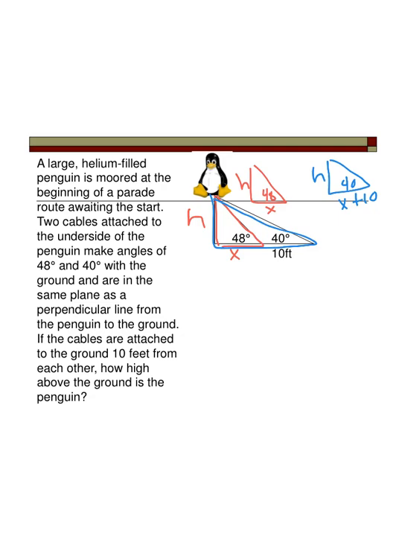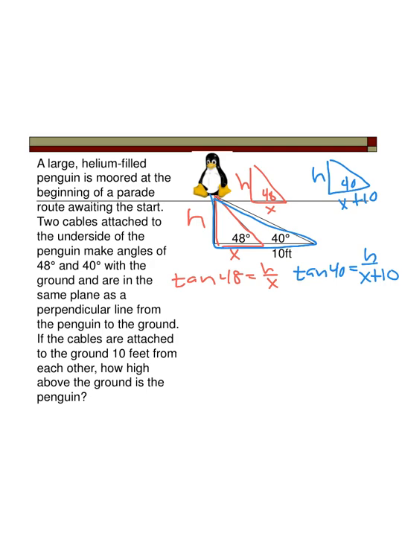What I'm going to do is make two expressions, one for each triangle, relating all three pieces of information. So for our first triangle, I would again use tangent because h is the opposite and x is the adjacent. So I have tangent of 48 is going to equal h over x. And then for my other triangle, I would do the same thing. Tangent of 40 is going to equal h over x plus 10.